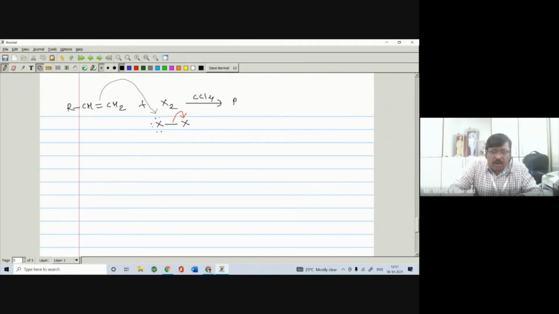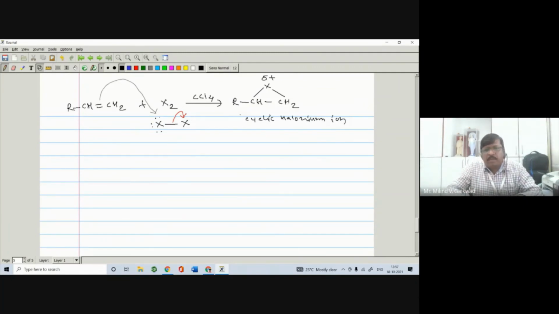Pi bond means electrons, so there is a formation of a bond between this X and this carbon, and it is having partial positive charge. It is called a cyclic halonium ion. Bromine, bromonium. Iodine, iodonium ion.